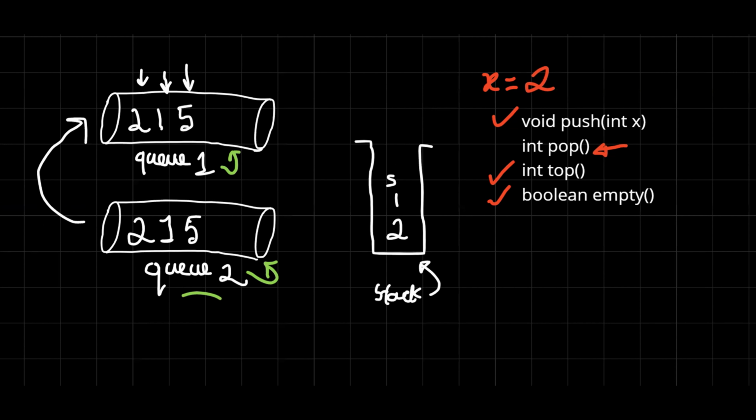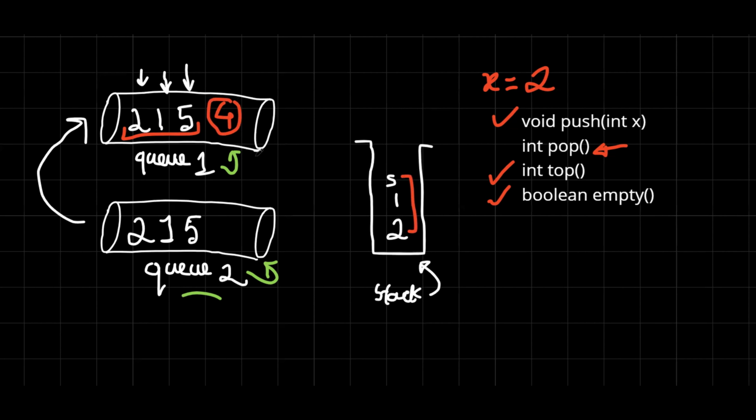Now this order 2, 1, 5 is exactly equal to the earlier order 2, 1, 5. But wait, the element 4 is removed here. So that is how we can implement the pop method in the queues, which will perform exactly like the stack. I hope you understood the algorithm.